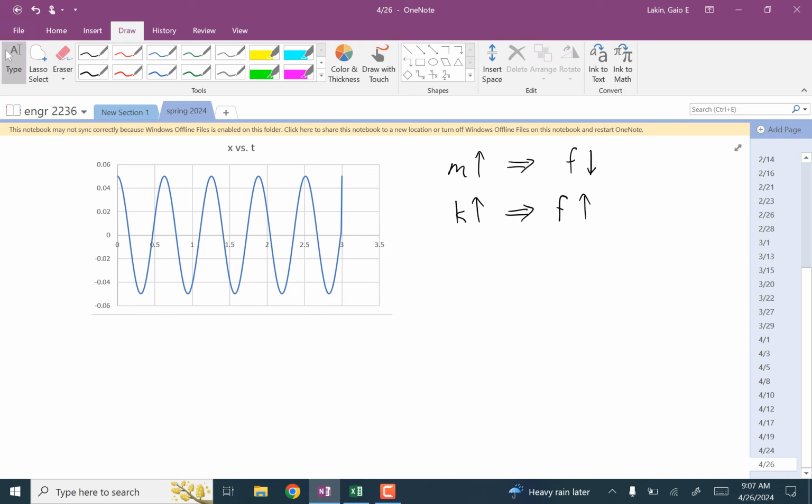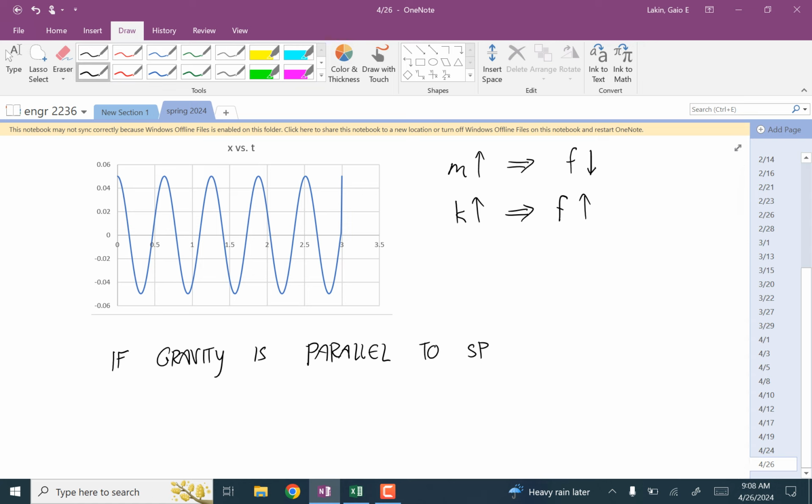So which one of those is going to be our x equals 0? So if gravity is parallel to the spring force, it doesn't have to be parallel.